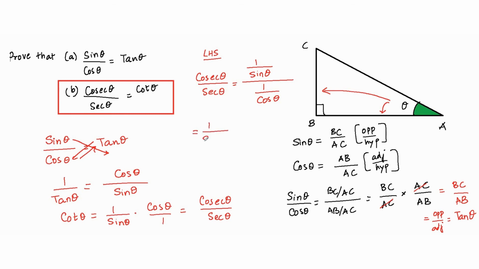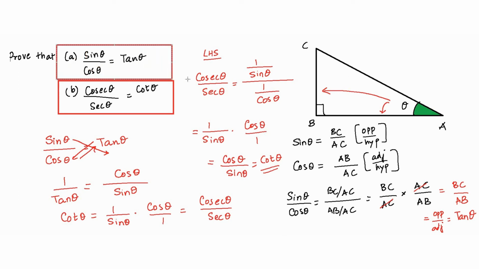So when I divide two fractions, the division turns into multiplication and the denominator is reciprocated. So I get cos theta upon 1 into 1 by sine theta, which is basically cos theta by sine theta, and that's going to be cot theta. Hence proved.